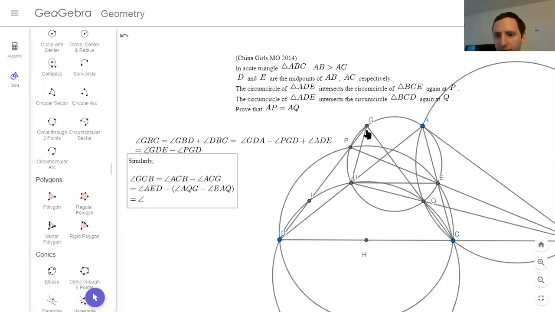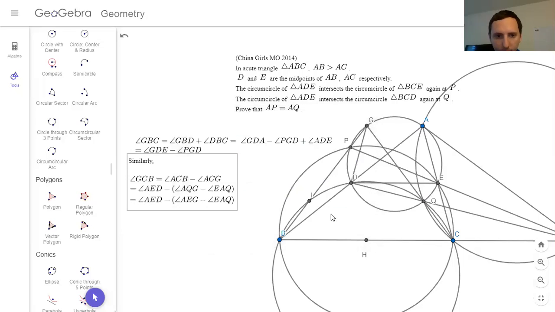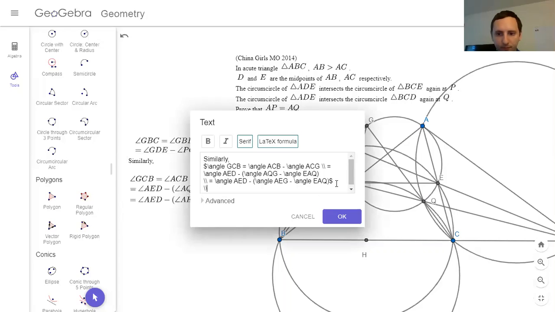Okay, so AQG is the same as AEG. AED minus AEG is GED. So this is angle GED plus angle EAQ. All right, so I think we're getting somewhere here.